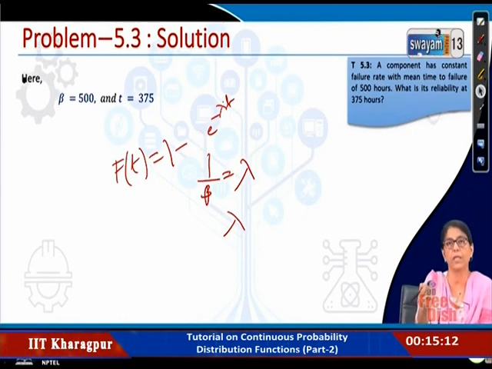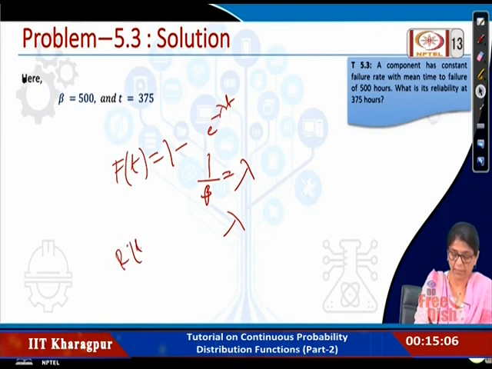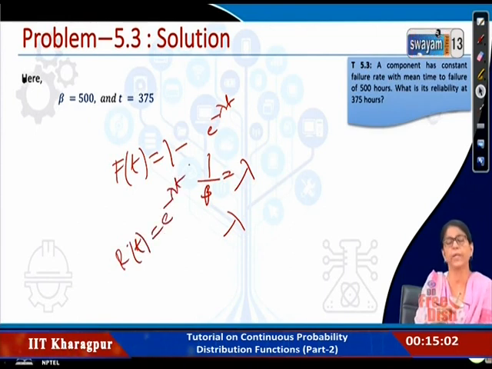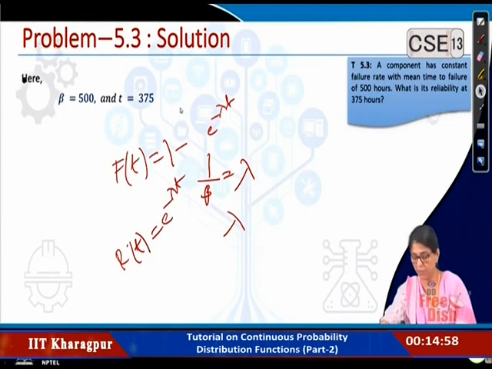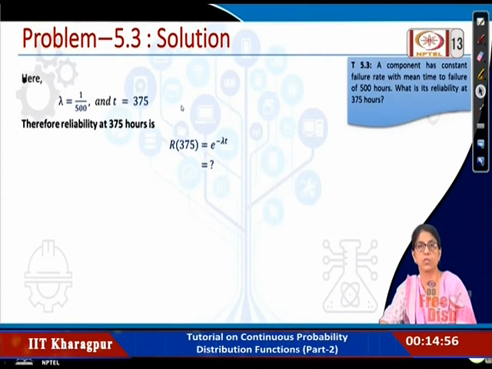You can write it in terms of beta, or you can write it in terms of lambda, whatever it is. So, if this is F of t, then what is my R of t? R of t will be just e to the power minus lambda t, or e to the power minus 1 by beta t, whatever. You may write in terms of lambda, you may write in terms of beta. So, that's all. Here I have written in terms of lambda.